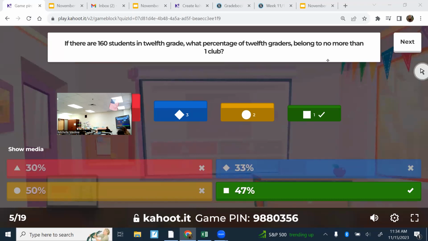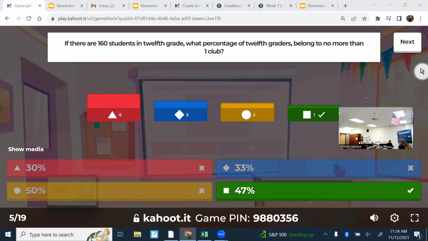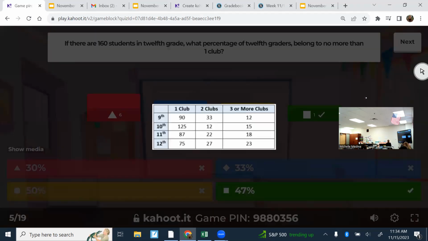For these questions, I really just think you need to read them carefully. Like, there's no way around it. I could throw all this vocab at you, but all you have to do is read it carefully. So if there are 160 students in 12th grade, what percentage of 12th graders belong to no more than one club?